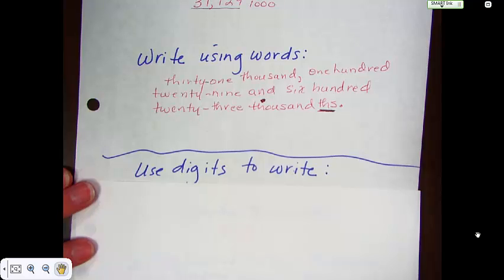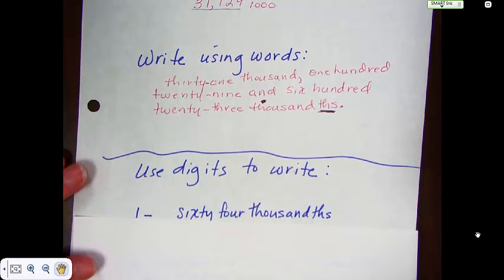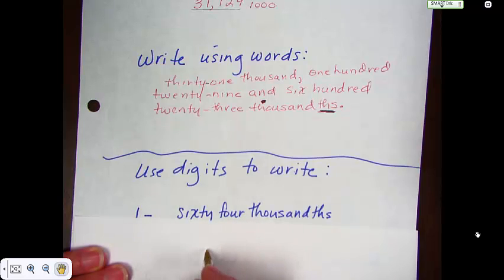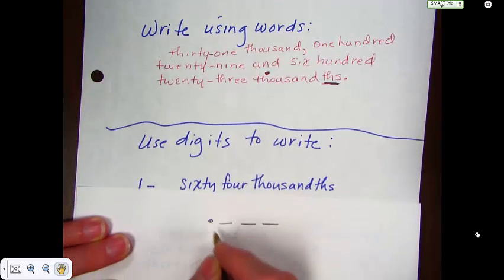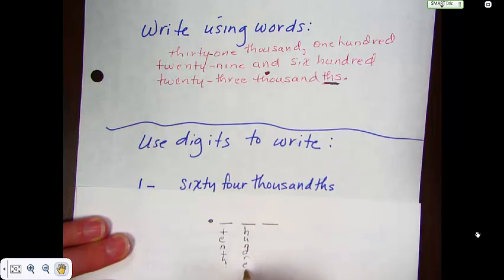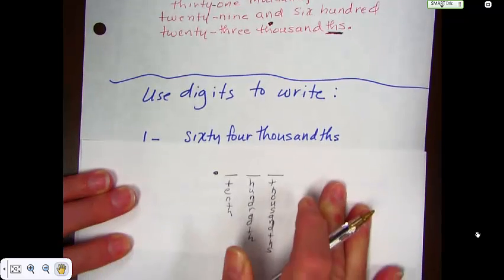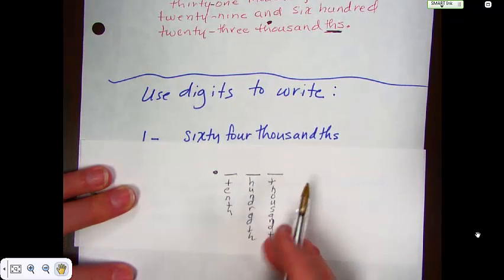Use digits to write the following. 64 thousandths. Now, that can be a little tricky because when you look at decimal numbers here, you have tenths, hundredths, and then you have thousandths. Now the thousandths is where this number has to end.